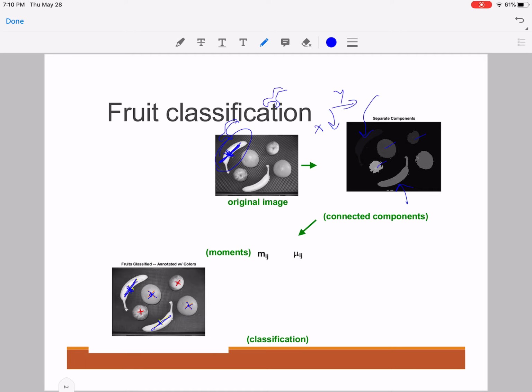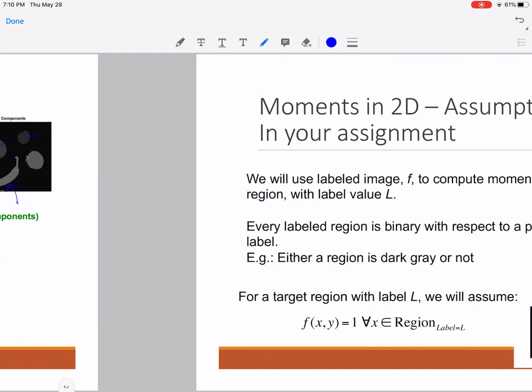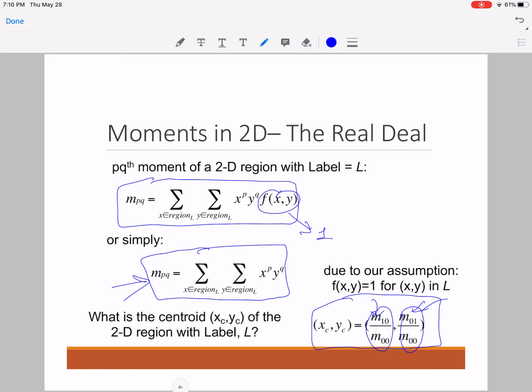These centers XC and YC are found using this formula, M10 over M00, comma M01 over M00, where M10 can be calculated by using this equation and substituting P as 1 and Q as 0, and vice versa. So that's a very mechanical calculation with respect to the centroid.